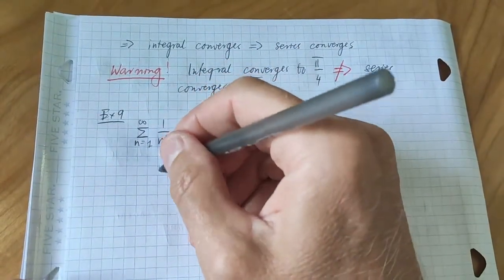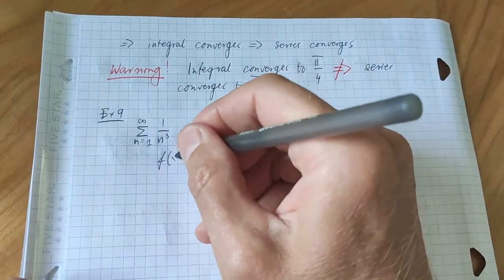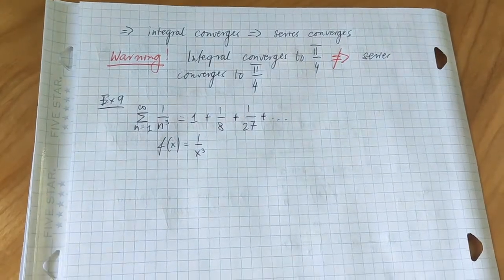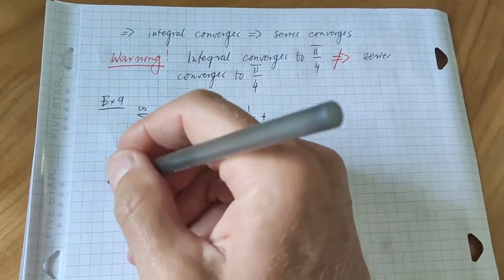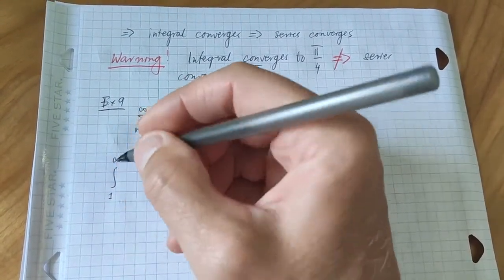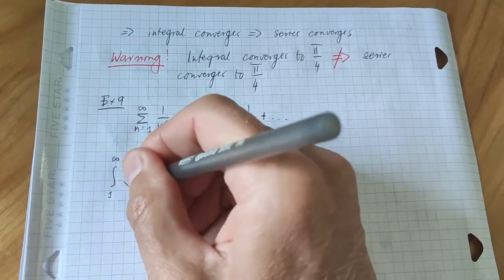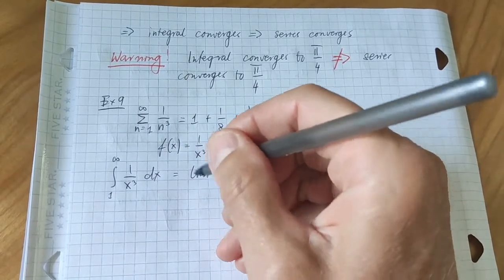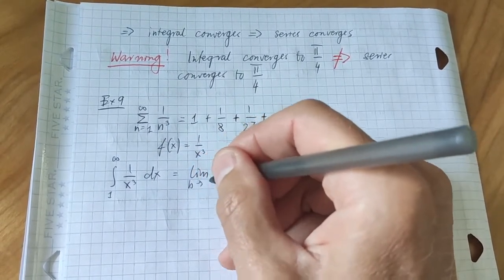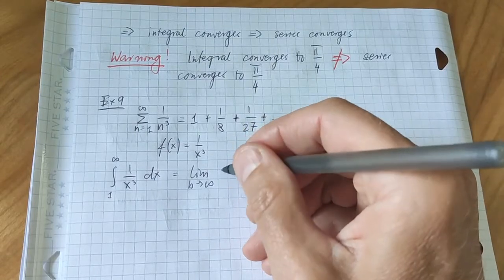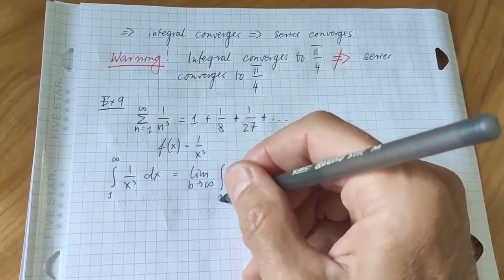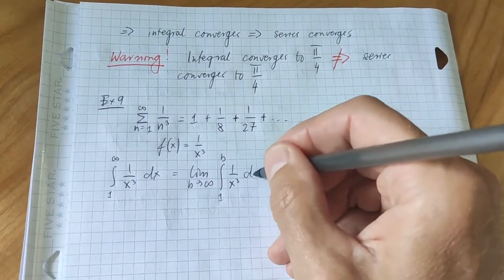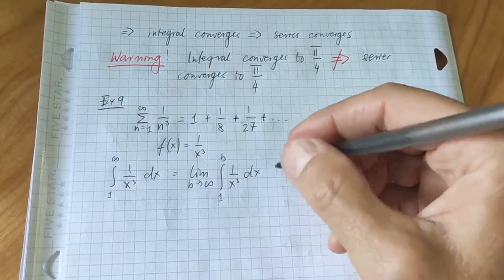So my corresponding function would be 1 over x cubed, and we need to form that integral from 1 to infinity, and then its limit with b approaching infinity of the integral from 1 to b, 1 over x cubed dx. So it's a pretty simple integral.